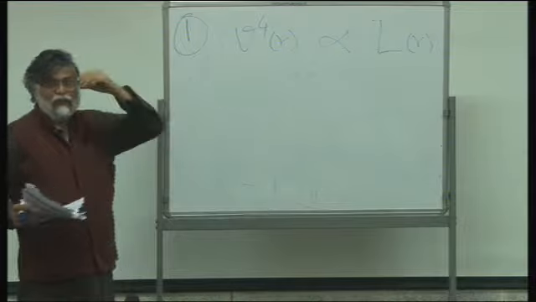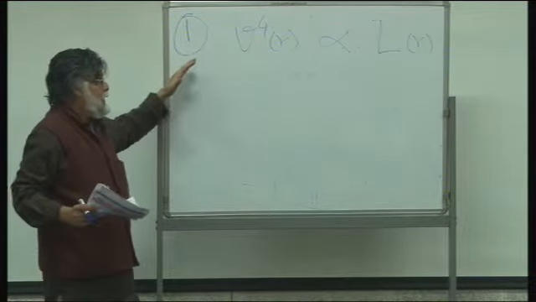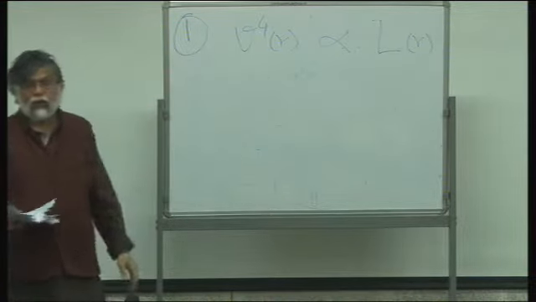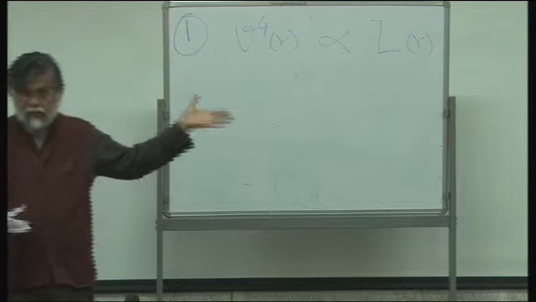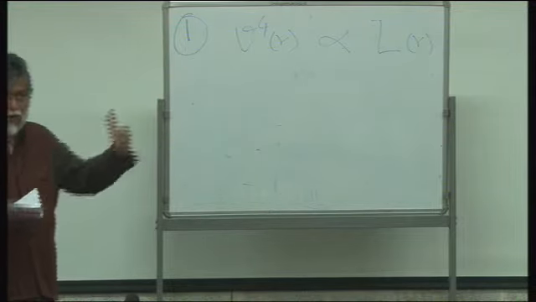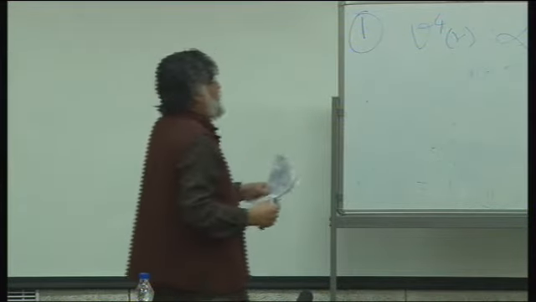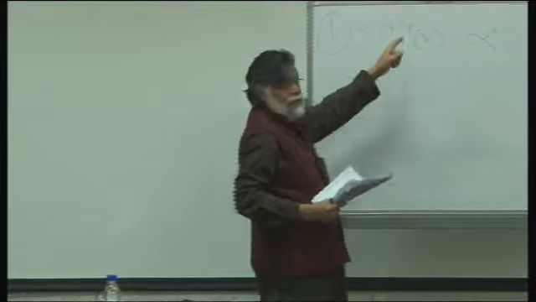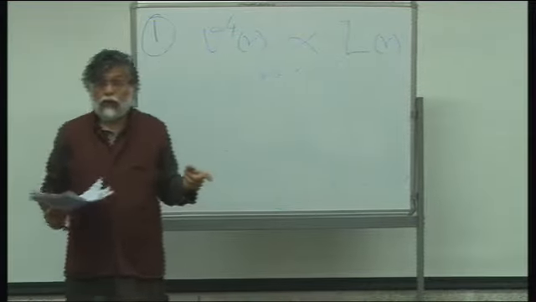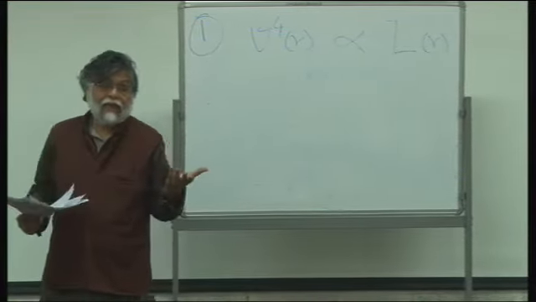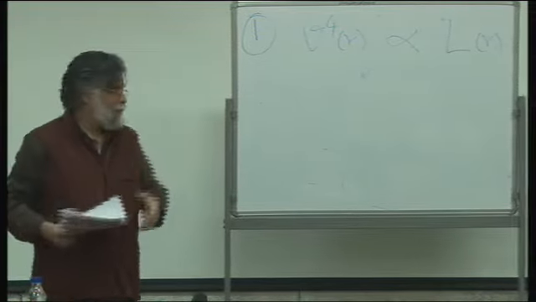I'll tell you what you have to assume while deriving this. This is an observed result, by the way. Tully and Fisher deduced this law by looking at many spiral galaxies, and very often this result is used to find out the distances of clusters of galaxies.